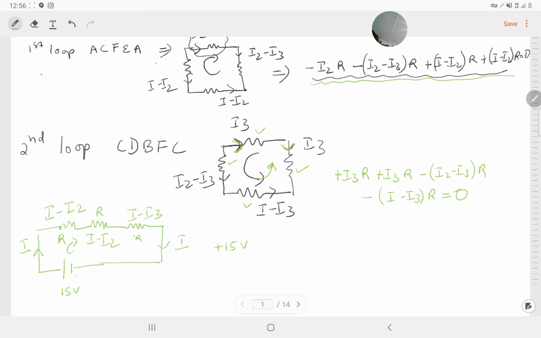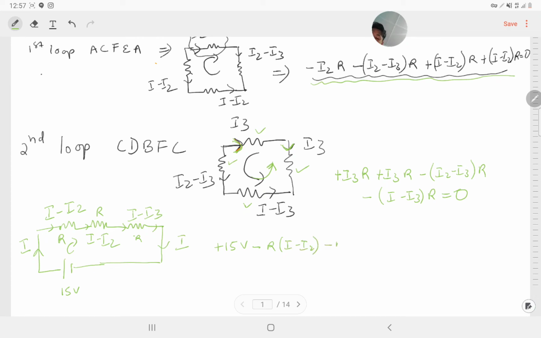Okay, as we move further up, you can see I minus I2 and R. This is generally the direction of the current in each case. Okay, so the current direction and the loop direction are same, so this is going to be negative R I minus I2.